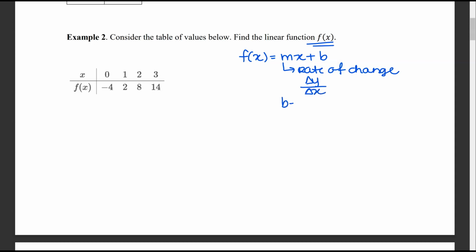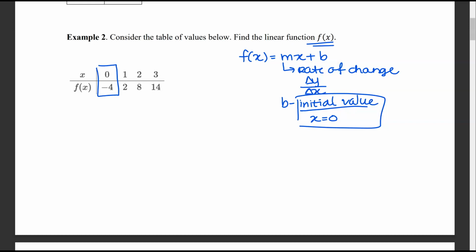And then b is our initial value. So this is really the initial value when x is equal to 0. So that's something to consider, because if this started at -1, I don't want you to think that that's the initial value. We're looking specifically when x equals 0. So notice here we have x is equal to 0, so this becomes our initial value, or this becomes our b. So now we're left to find the rate of change.